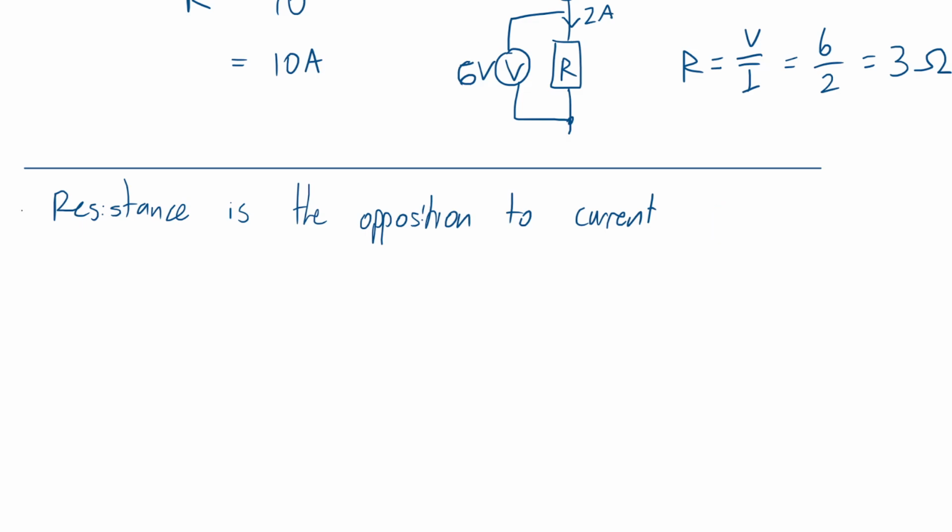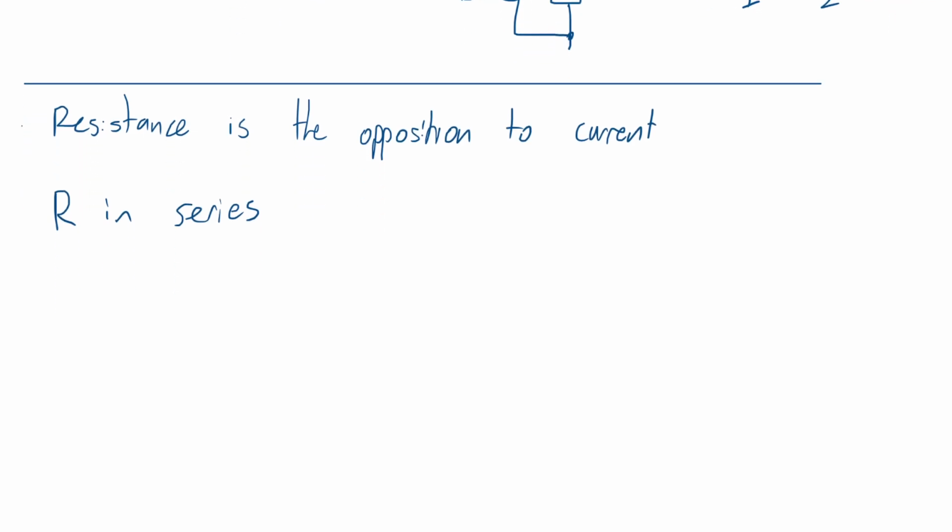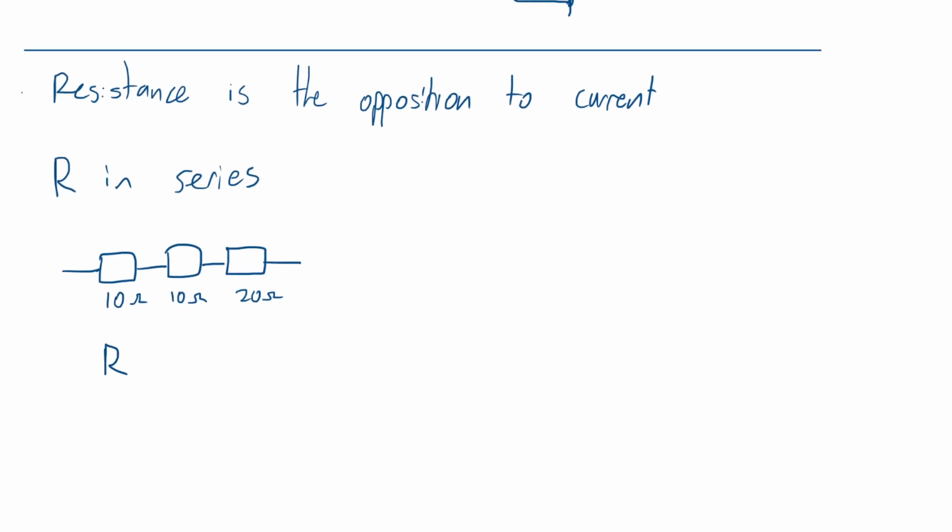All right, so resistance in series. For example, series means one path for current to flow. If we have 10 ohms, and a 20 ohm resistor, the total resistance, RT, is simply the sum of the individual resistances.